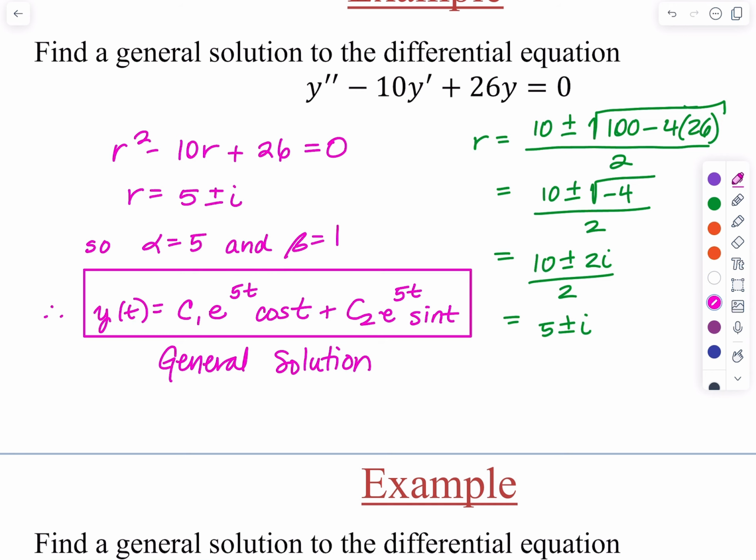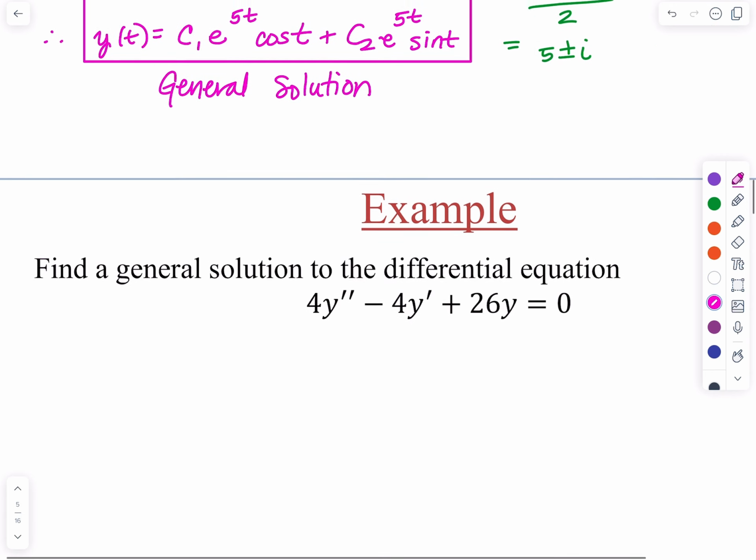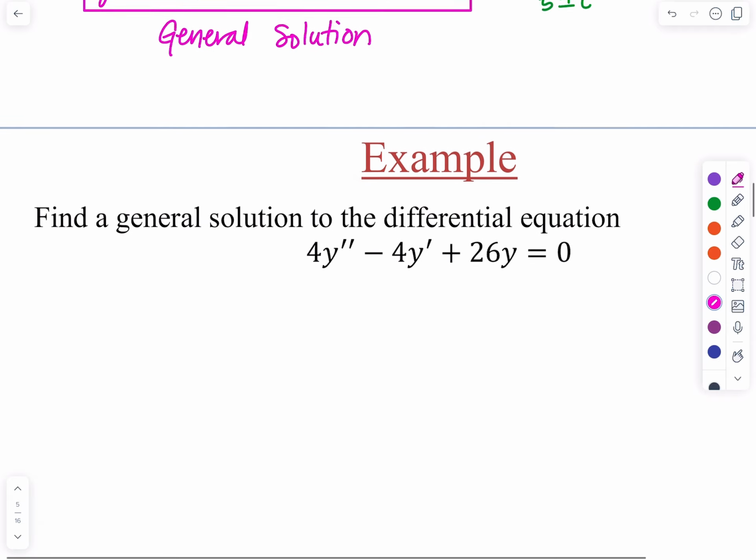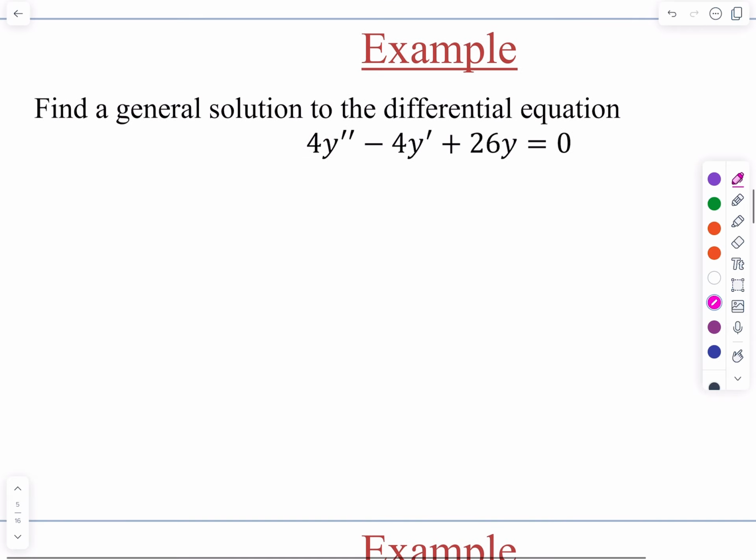Okay. Let's take a look at our next example. We will go right to our auxiliary equation, and that is 4r squared minus 4r.